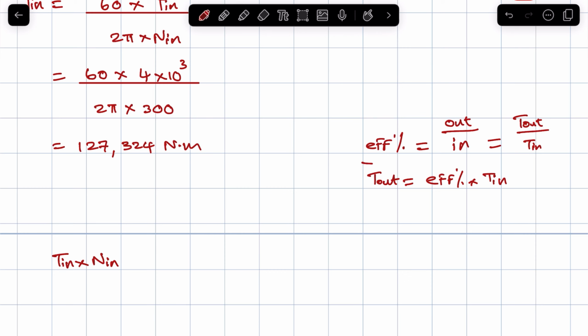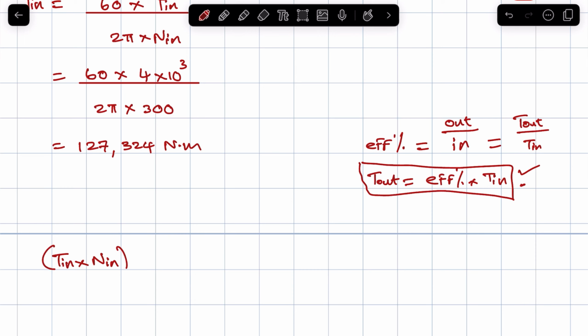So we use this to establish which torque between torque out and torque in would multiply the efficiency. So from this, we've established that the efficiency would multiply the torque in. So instead of having to use the formula for efficiency, we can simply look at this relationship which we've just established, that efficiency would multiply torque in.